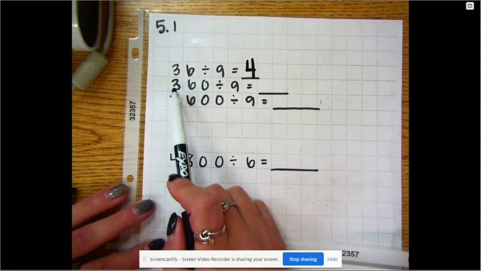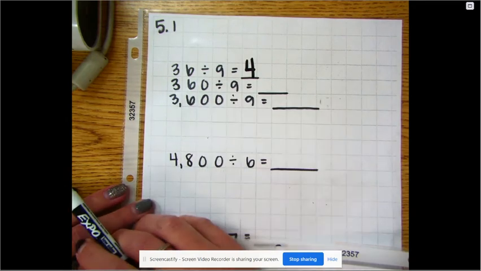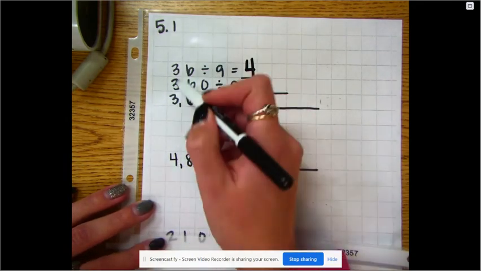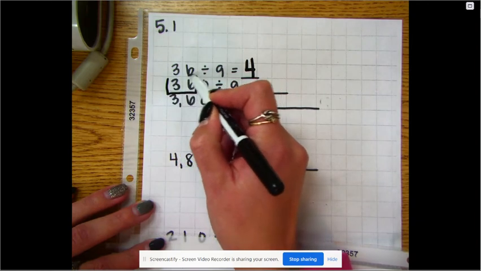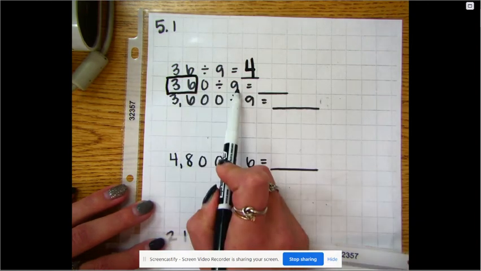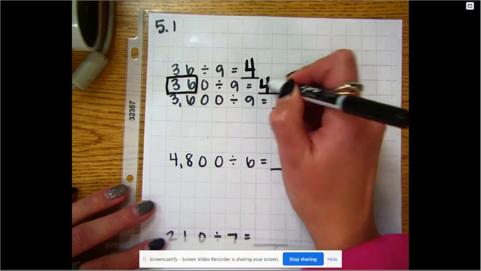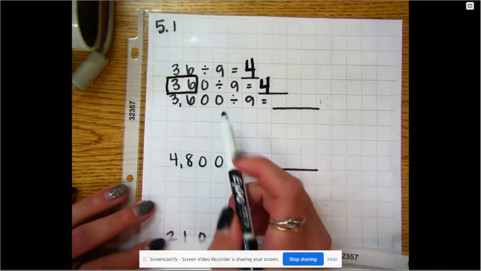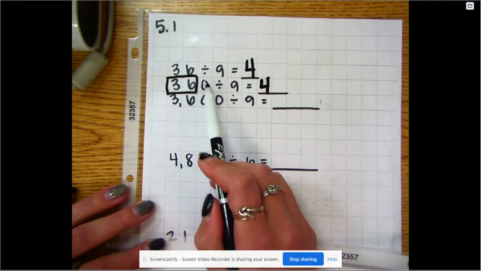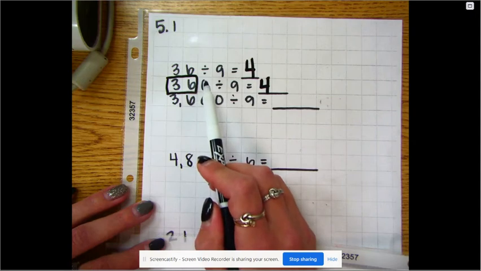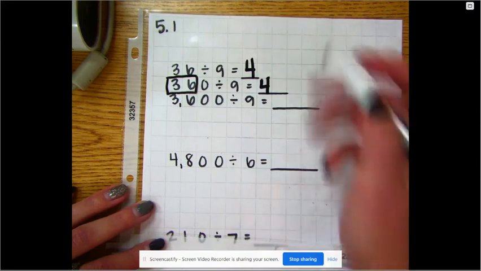Let's step it up. 360 divided by 9. I don't know that, but what I just learned is that 36 divided by 9 is 4. Then I look back at my equation. How many zeros do I have in my equation? I have 1 in my dividend. My larger value has 1 zero.